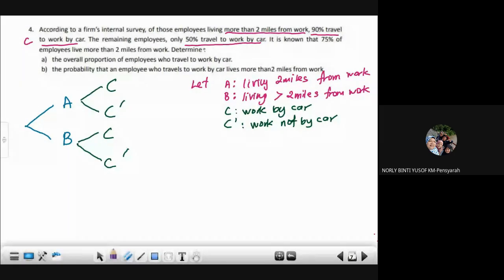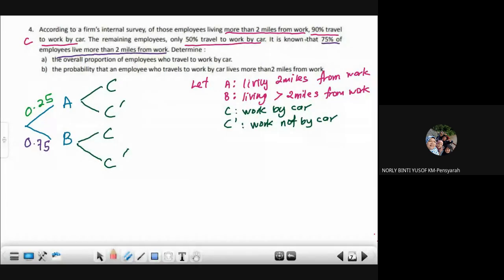Daripada you punya statement in your question, 75% tu yang live more than 2 miles from work. So 0.75. So 0.75 dekat B. Sebab B adalah living more than 2 miles from work. So sama, untuk living 2 miles from work dia tak bagi, tapi kita boleh tolak 1 minus 0.75. Kita akan dapat 0.25.